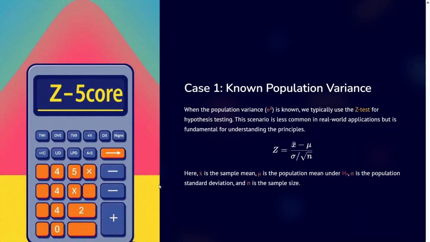Now let's talk about some situations. In some situations, we know the population variance. That's when you use the z-test. The formula compares the sample mean with the population mean, adjusted for standard deviation and sample size. In real life, this is less common, but it's an important foundation.